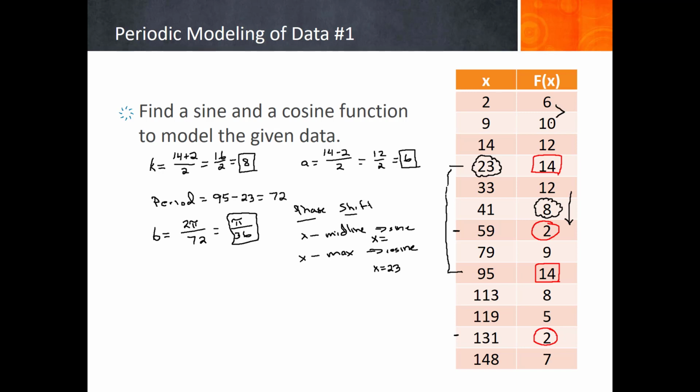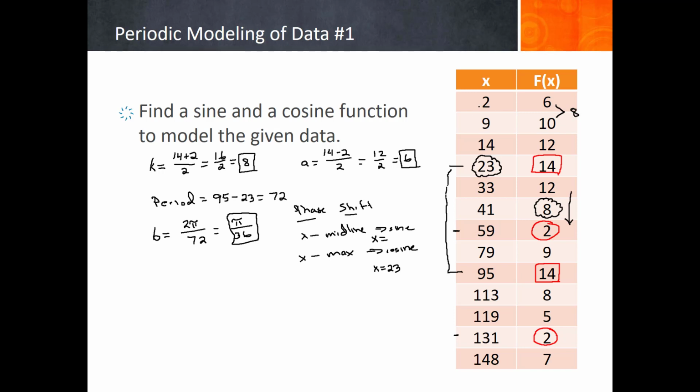Again, we can think of the data as representing a continuous curve. So if it goes from 6 to 10, there has to be a 7, 8, 9 between those. So somewhere in between 6 and 10, it has to hit an 8. Okay? And so we need to figure out roughly what x coordinate that's going to happen at. If we look at the 6, 8, and the 10, 8's right in the middle.